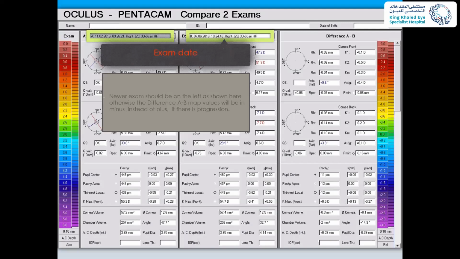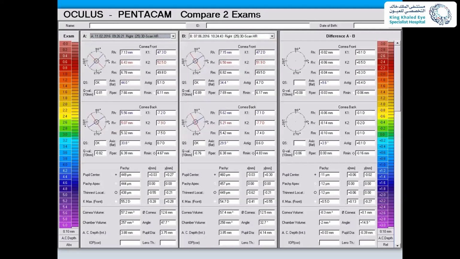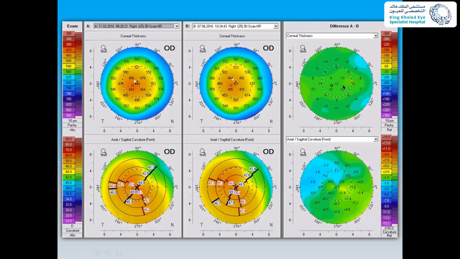And then you can decide whether there is a progression or not. We have this available here, and if you go to the Pentacam room, it can tell you. So this is the difference. The corneal thickness is slightly thin, minus 12, between the 2 dates, between 2nd of November and 6th of July.